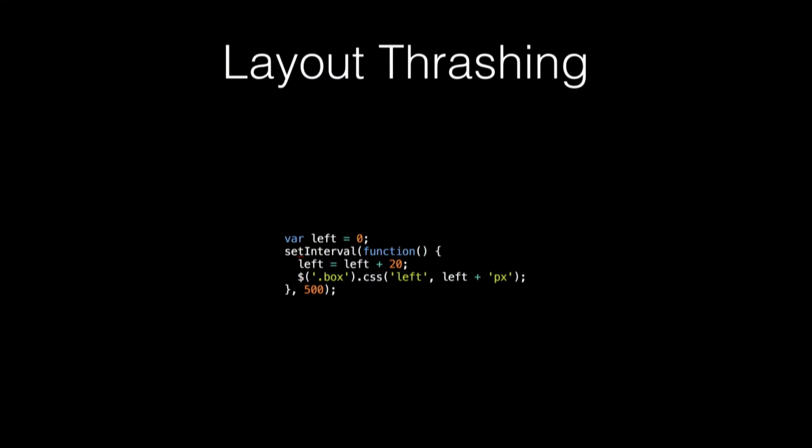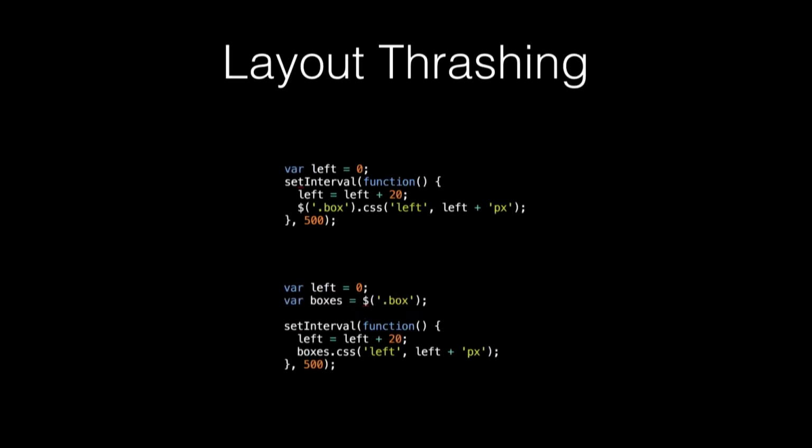Last couple of things to be careful of before we get into examples is layout thrashing. So I actually put layout thrashing in the animations we're going to do together just to make the thread work harder. But if you've been writing JavaScript for a while, you should start to see a bit of a problem with this. Right, so what we're actually doing is every time we're running that interval, we're running a jQuery selector, which again has to go and do a whole bunch of work.